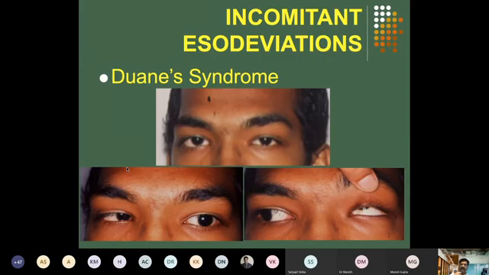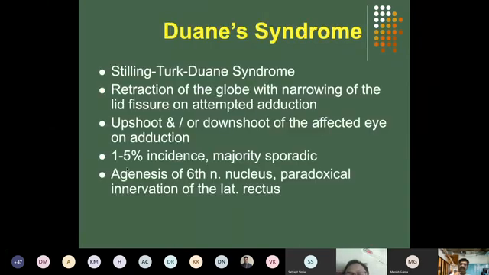Apart from that, there is a variety in which there is a medial movement limitation, and another third variety in which both the lateral and medial movements are limited. And when you attempt a medial movement of the same eye, there is retraction of the globe. So retraction of the globe or narrowing of the lid fissure on attempted adduction, and very common in this is upshoot and downshoot of the affected eye on adduction.